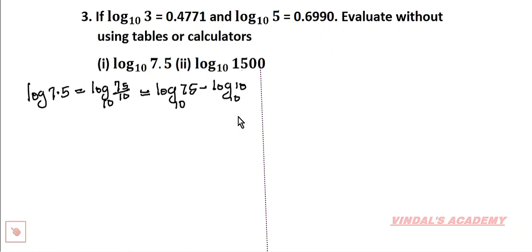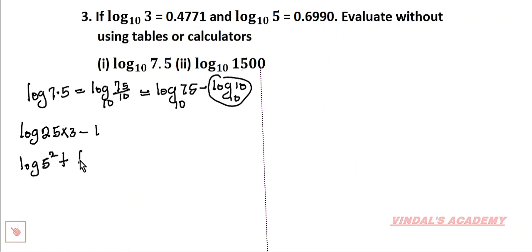I'm just going to treat them. It's not hard. So 75 is 25 times 3, then minus 1, because log 10 base 10 is 1. So this is going to be log 5 squared plus log 3 minus 1.